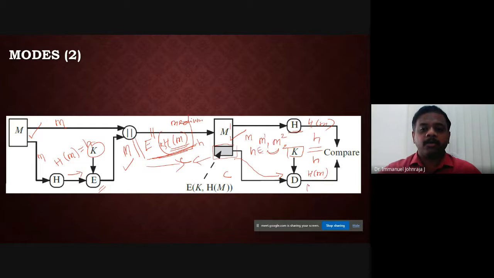Only the person who has the shared key can decrypt it to get the hash value. So the attacker has no way to alter the value of the hash. This provides confidentiality to the hash value. Apparently it is not having direct usage, but it helps you get the authentication of the message, because the hash value can be decrypted only by Alice and Bob, nobody else, because the key is shared only between these two people.